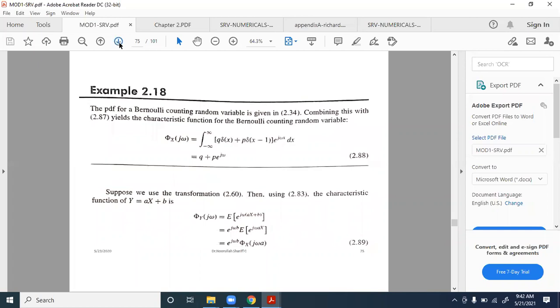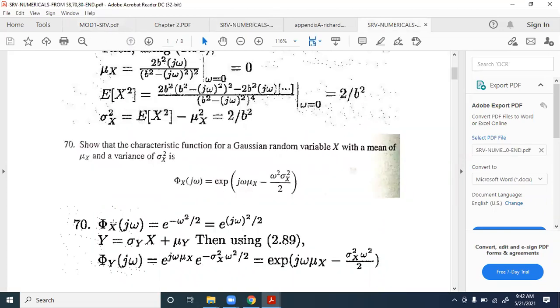Further to this, phi y of j omega is equal to the exponential of this. So equivalently, you can write this or you can write this. If you solve it this way, this function is equal to the expectation of e to the power of j omega x.